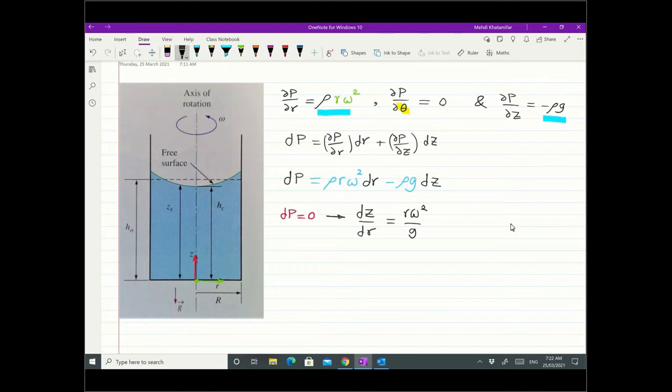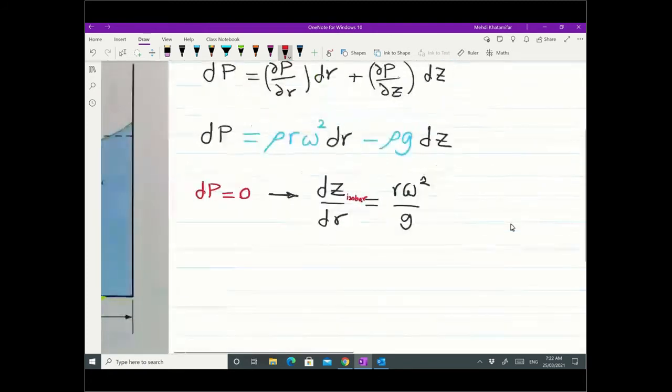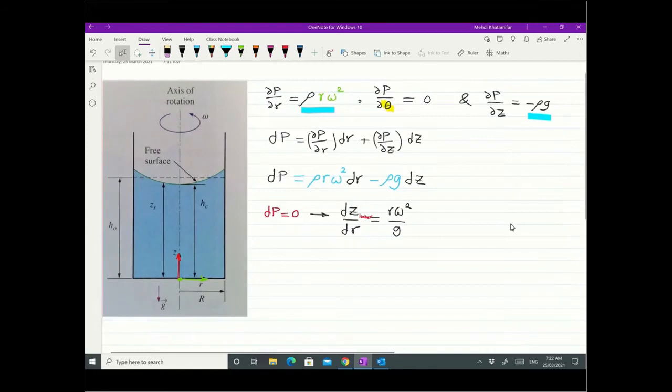Okay, so this is our dz over dr. And for what case? When we have constant pressure. I can write here isobar so as not to forget about it. So this is going to be when we have dp equal 0.